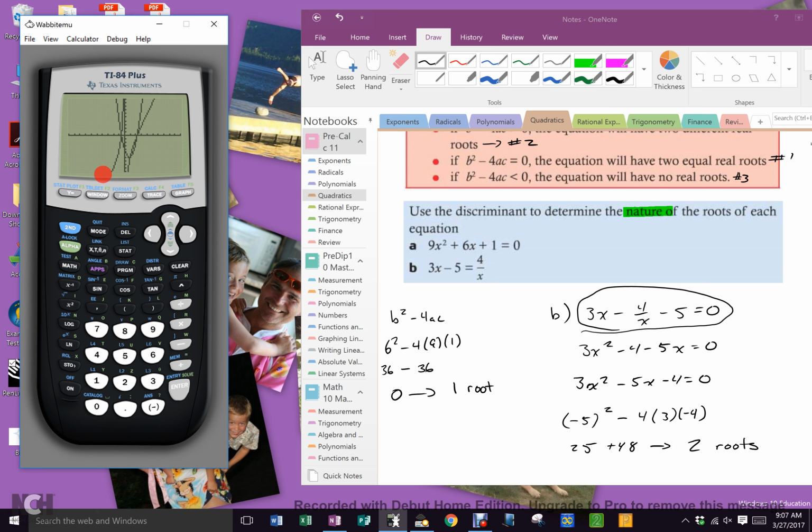Did it graph the same way? No, it did not, did it? We're going to learn how to do them too. Those are called hyperbola.